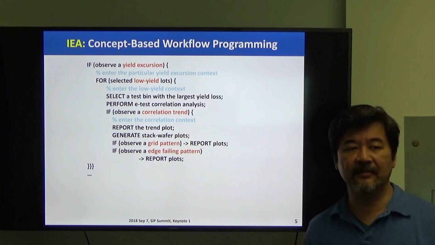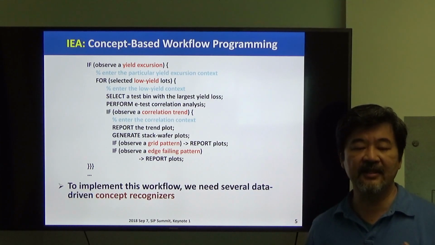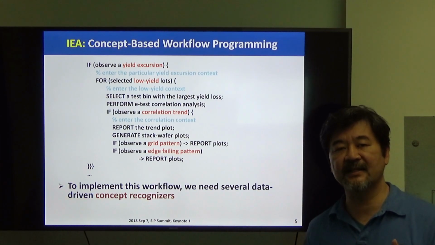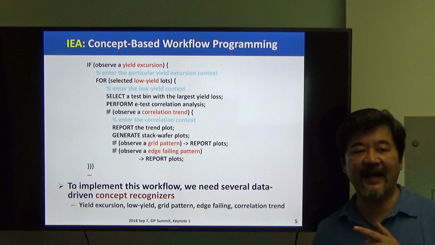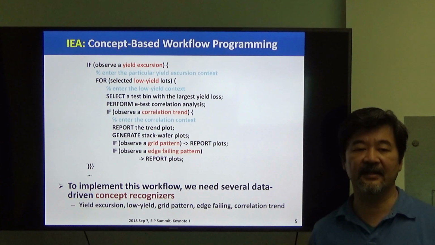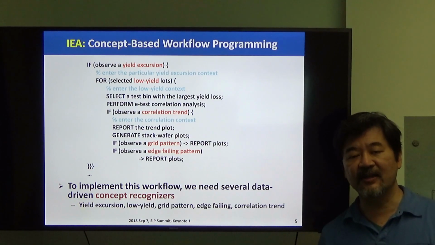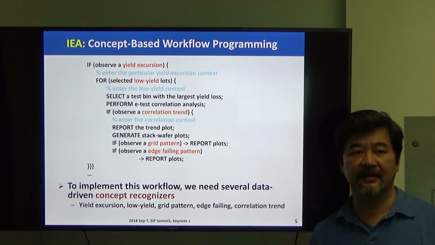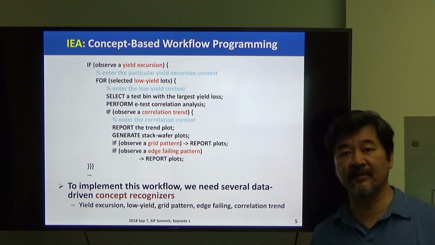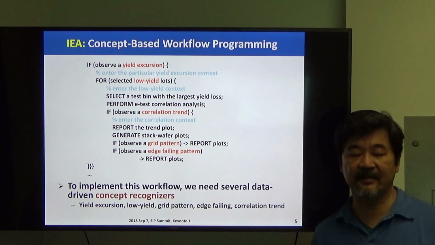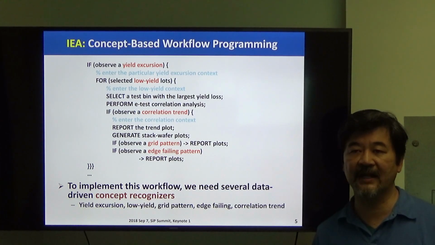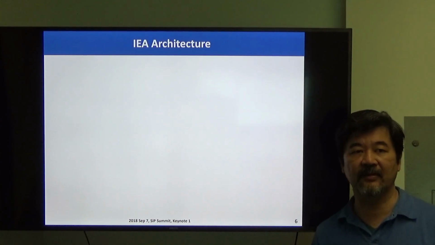So you need a data-driven concept recognizer for these five concepts I'm listing here. If you have that, then you'll be able to program this workflow and enable autonomous execution. So IEA is such an environment that allows you to do concept-based workflow programming.